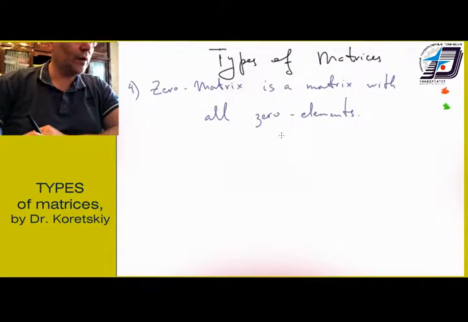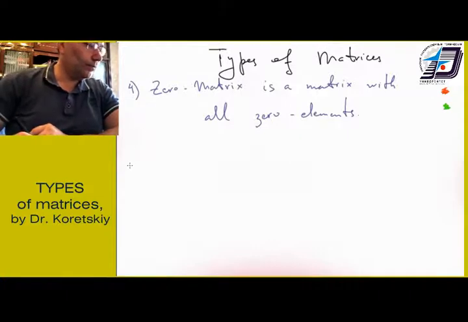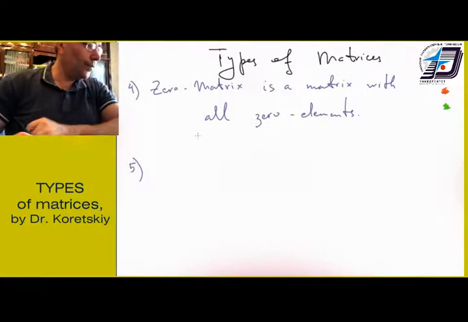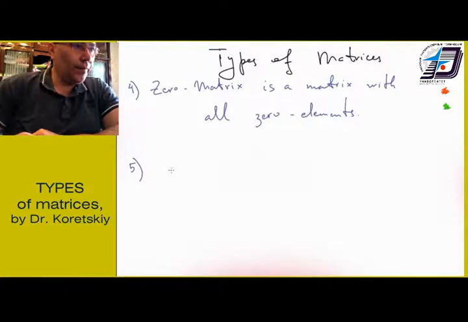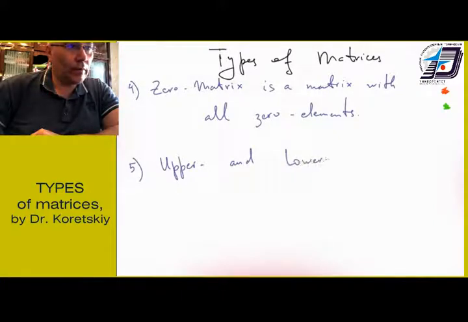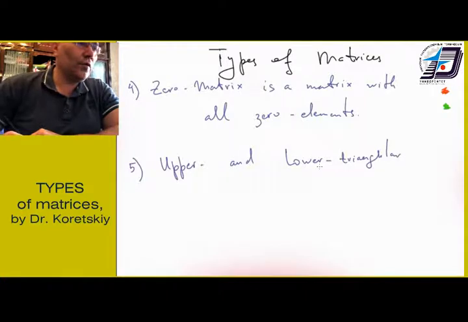Next, the fifth type of matrices: upper and lower triangular matrices. As it follows from the names, it is clear.